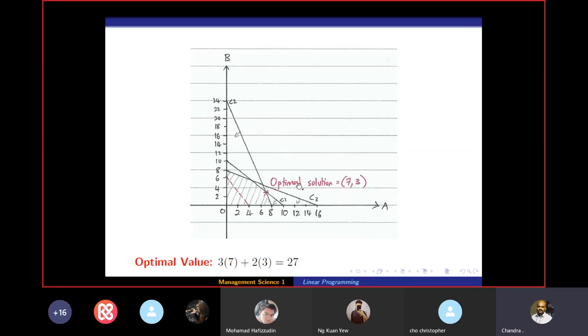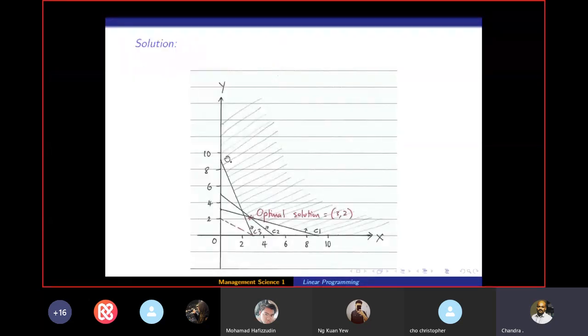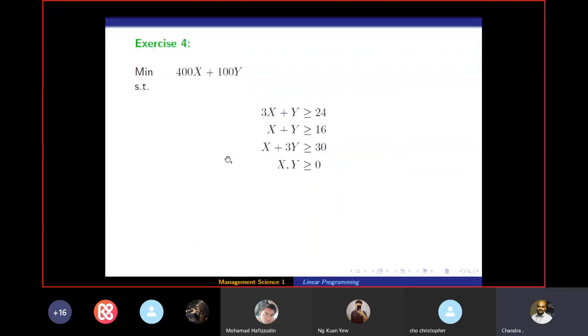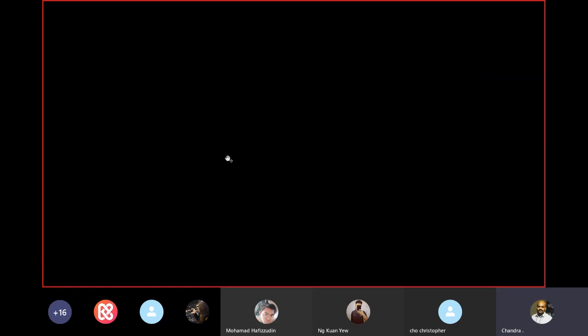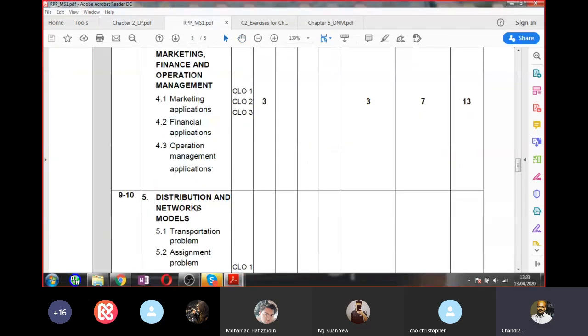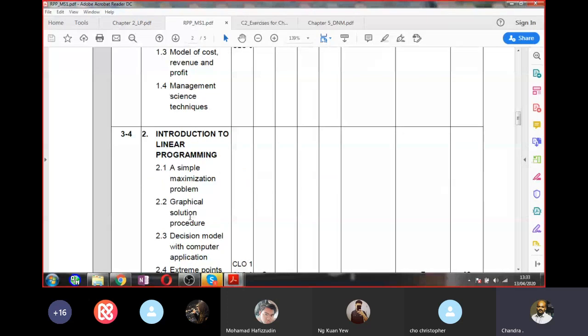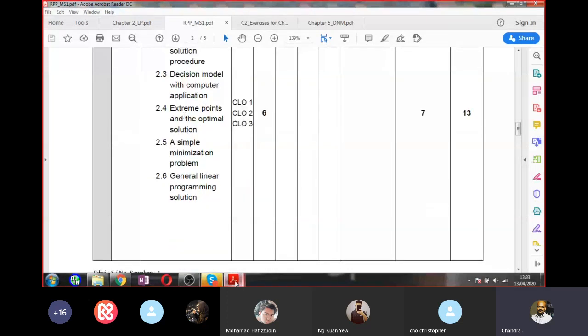We also did exercise 1, 2, and the minimum maximum problem. All are done up to here, and this is your chapter 2. The introduction to linear programming ends here.